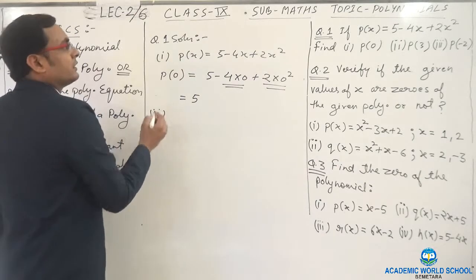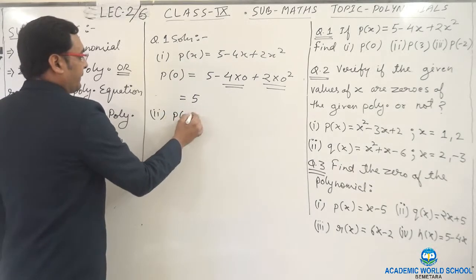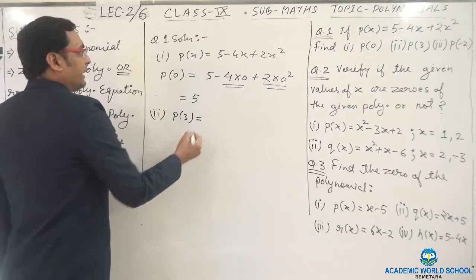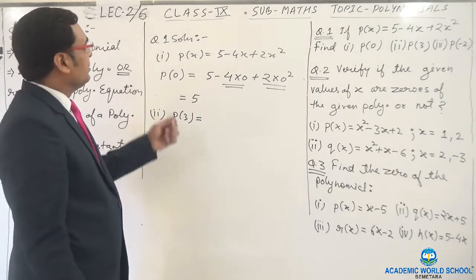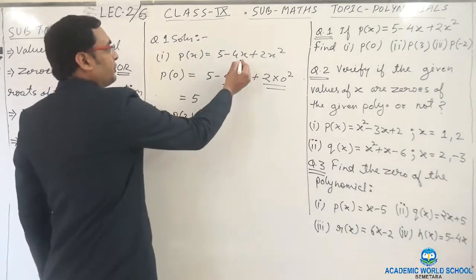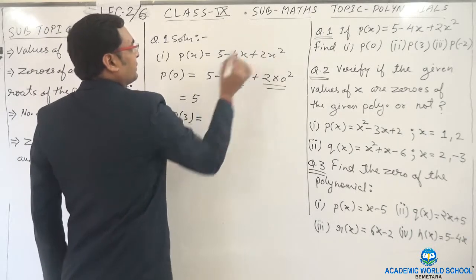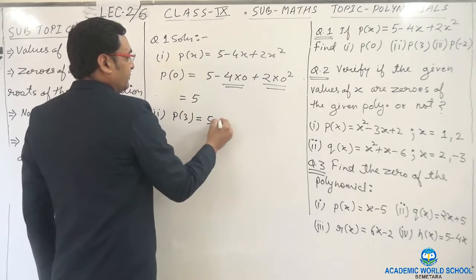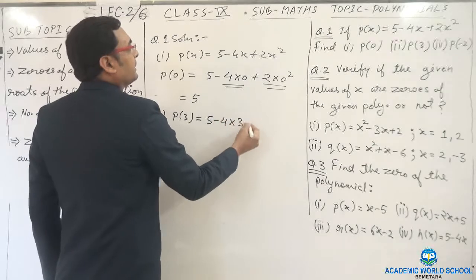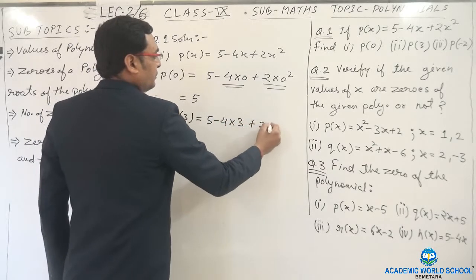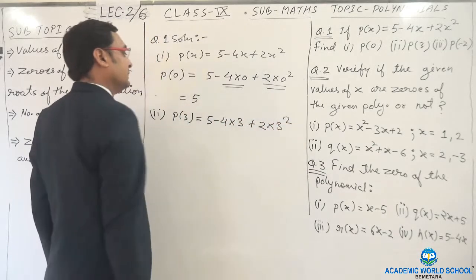Next, p(3). If x is equal to 3, then the value of this polynomial will be, we will put 3 at the place of x. So 5 minus 4 into 3 plus 2 into 3 square.